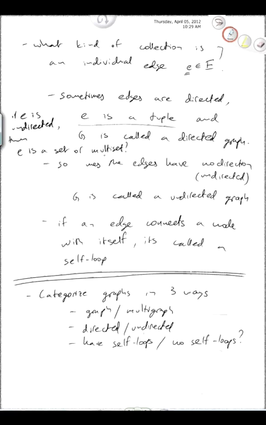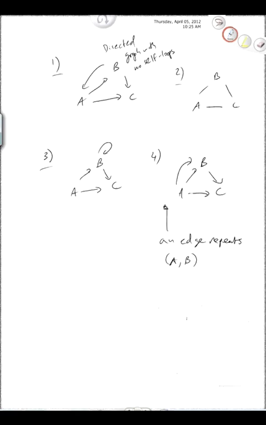Of course, the difference between a set and a multiset is if it allows repetition. And so if I had a self loop over here in example 2, then this particular individual edge that I just added here would be a multiset, because it really just has 2 things in it, B and then B.